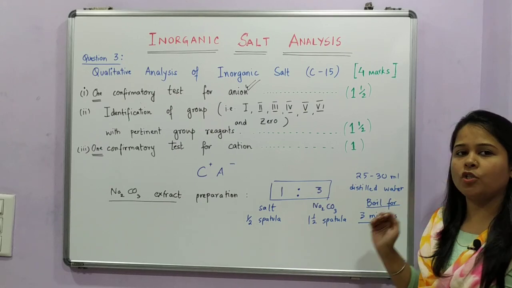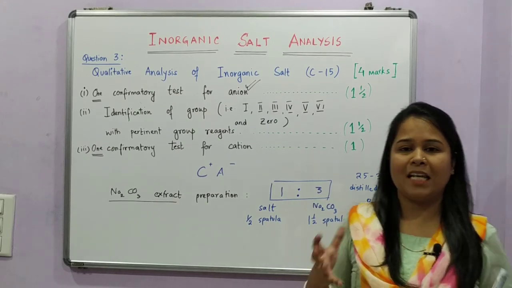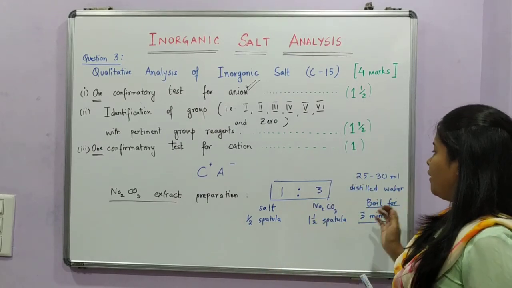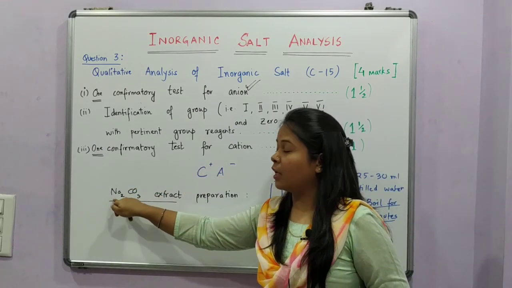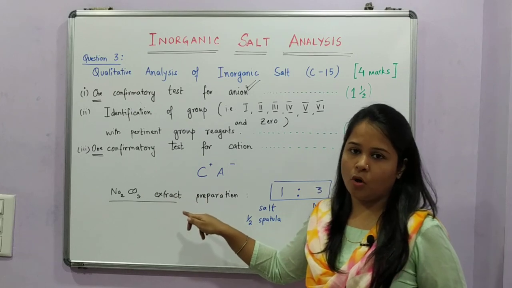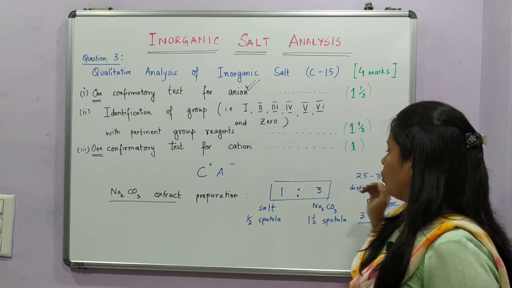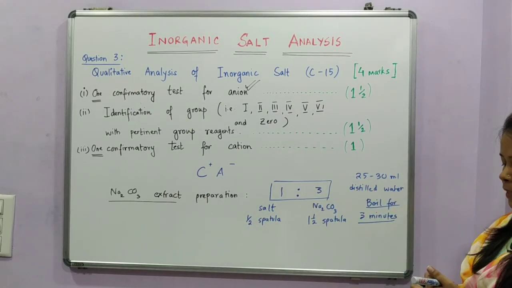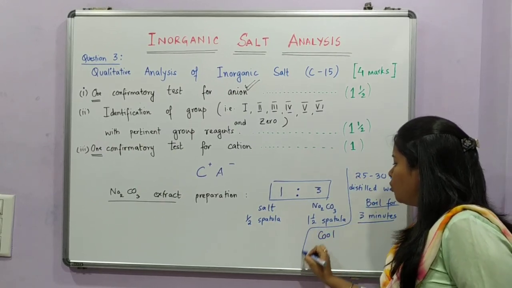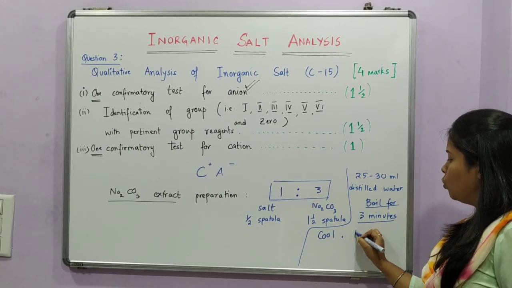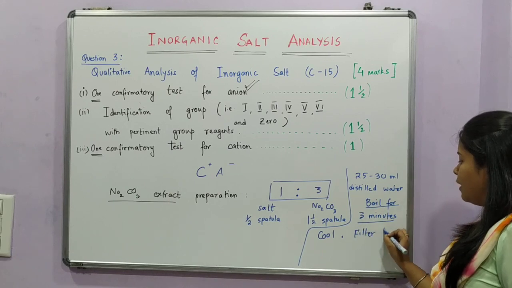But we suggest you boil this for around 3 minutes in a beaker, where your salt would be converted into the corresponding sodium salt. Now, after you have boiled for 3 minutes, you allow it to cool and then filter the contents.